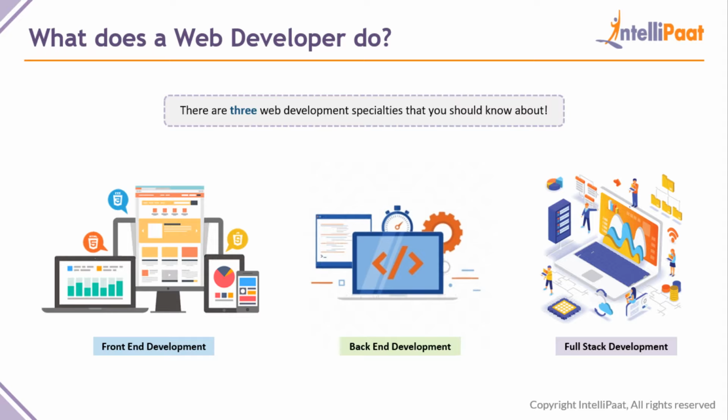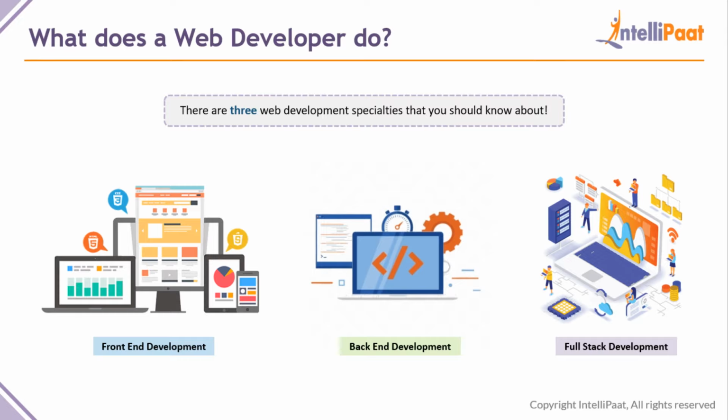And at this point of time, what should you know? Well, you need to know that there are three web development specialties, guys. One is front end development, second is back end development, and third is full stack development. Well, you might have heard of these terms, or you might not have.